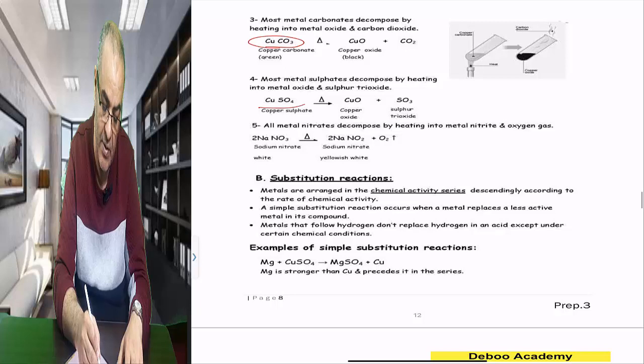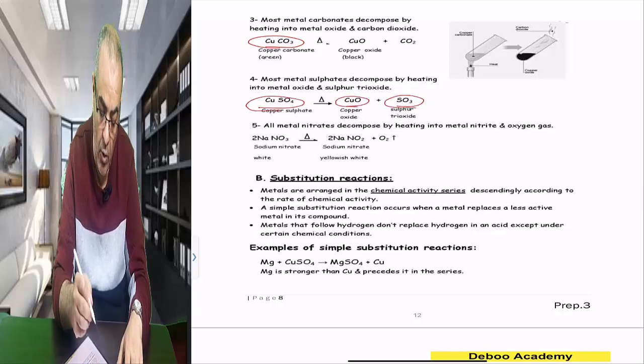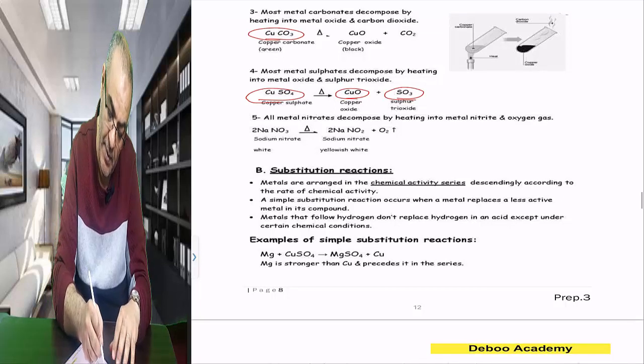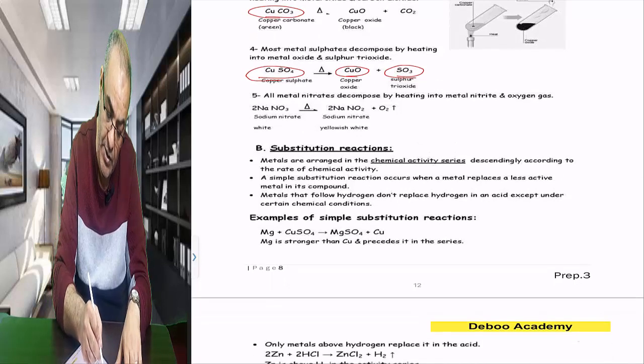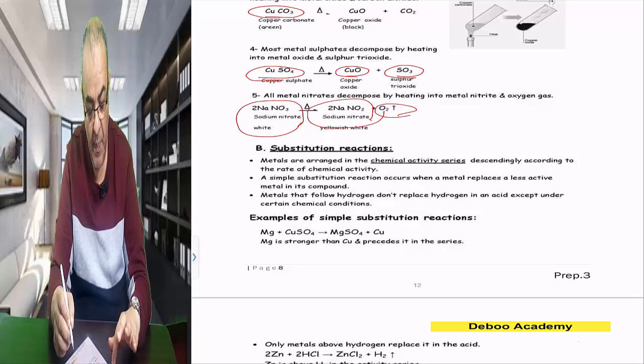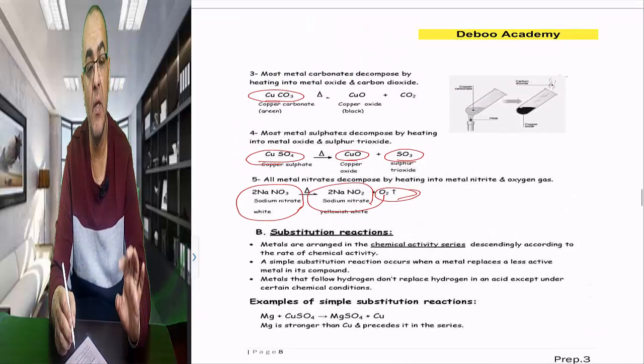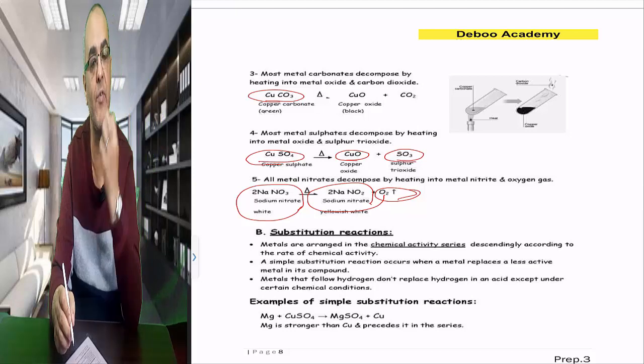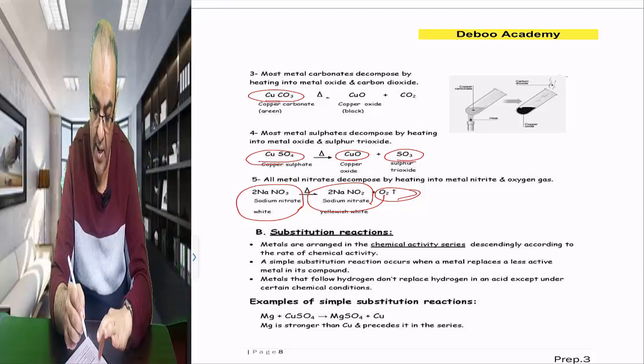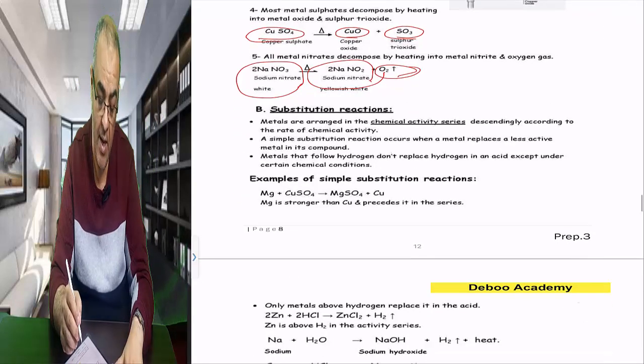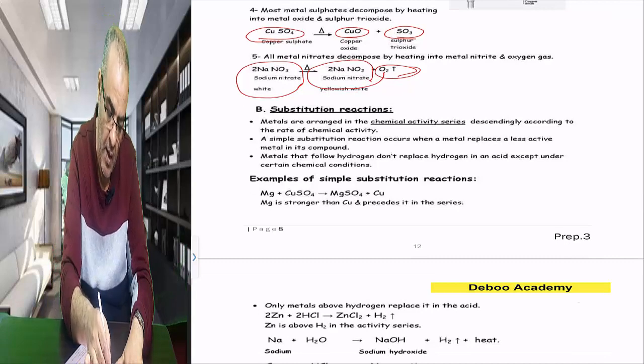Copper sulfate gives copper oxide and sulfur trioxide. NaNO3, sodium nitrate, gives sodium nitrite and oxygen. In this type of reaction, one compound gives two compounds by heat, so we call it thermal decomposition.